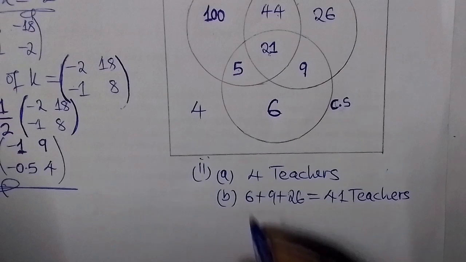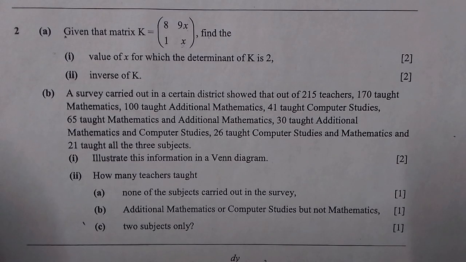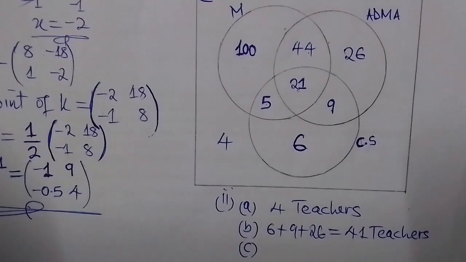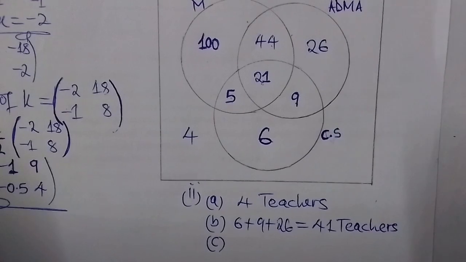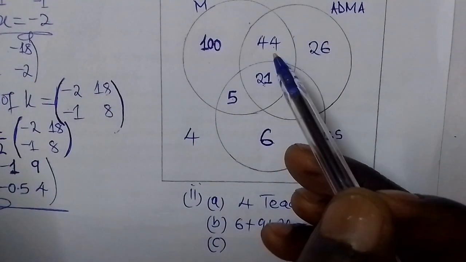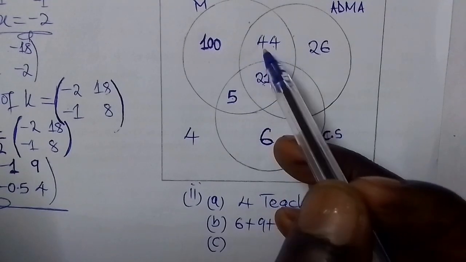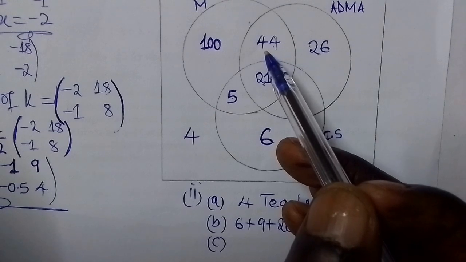Then C, the last part. How many teachers taught 2 subjects only? To get the number of teachers who taught 2 subjects only, we just add up the numbers that are in the intersection of 2 sets, because those are the teachers who taught 2 subjects only. So here, the first one we're going to start with is 44. 44 teachers taught math and additional math.